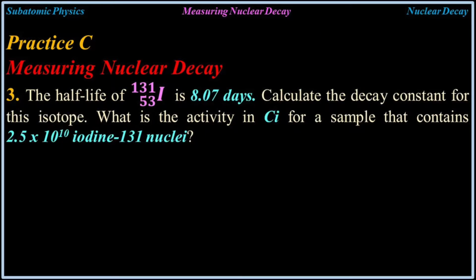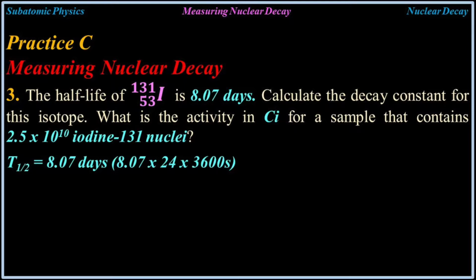The half-life of iodine-131 is 8.07 days. Calculate the decay constant for this isotope. What is the activity in curies for a sample that contains 2.5 times 10 to the 10th iodine-131 nuclei? There's the half-life, 8.07 days. Change it to seconds, and you get 6.97 times 10 to the fifth seconds.